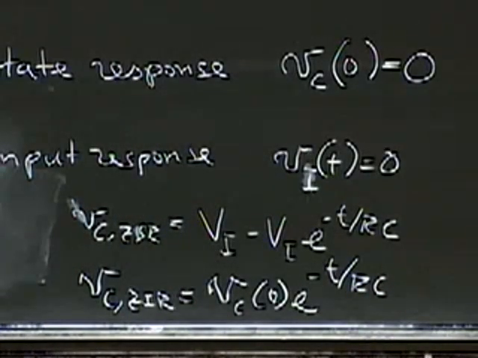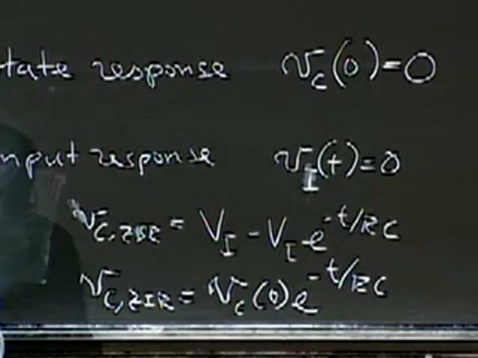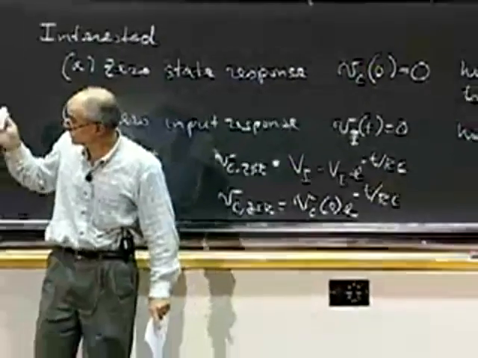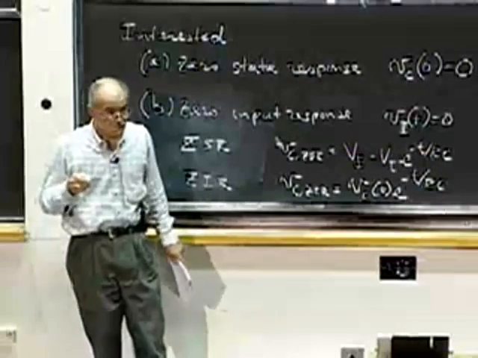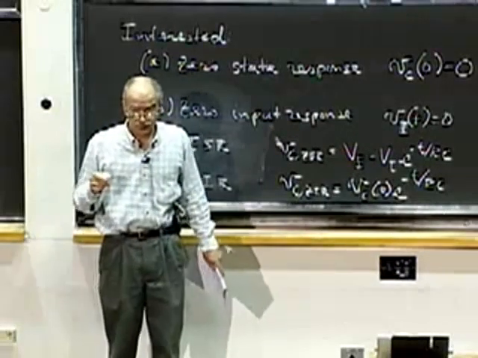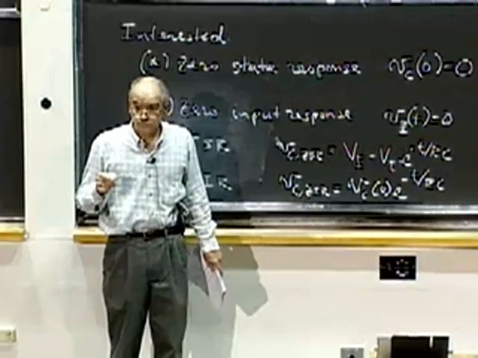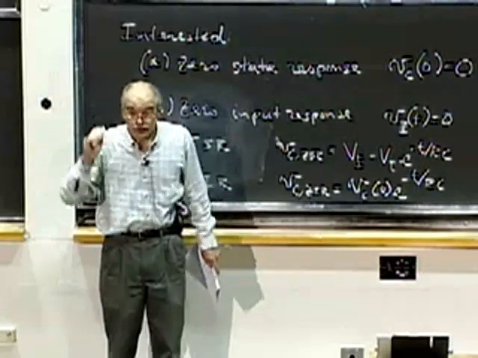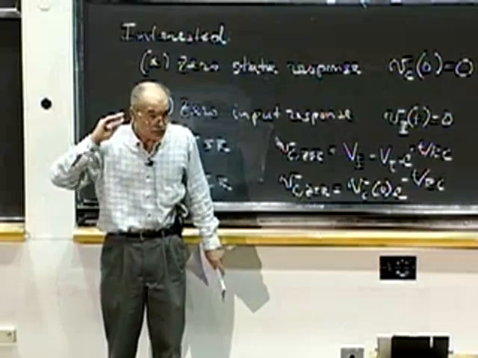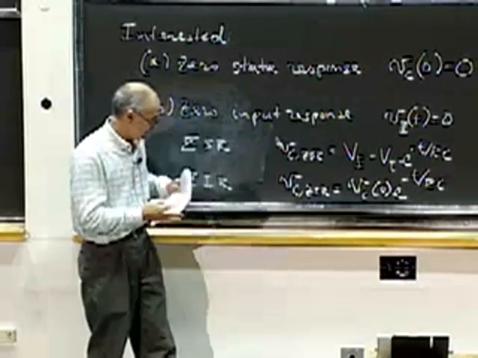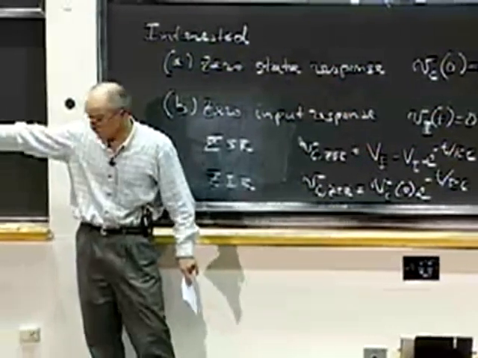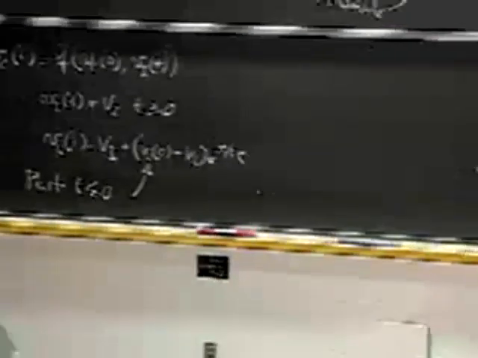Now, do you see something that's rather obvious from what's on the board in terms of the ZIR and ZSR and the final complete answer? Yeah, there are specific cases, but how do they relate to the full answer? It's a sum.